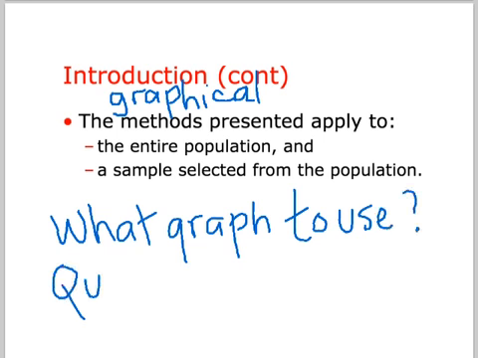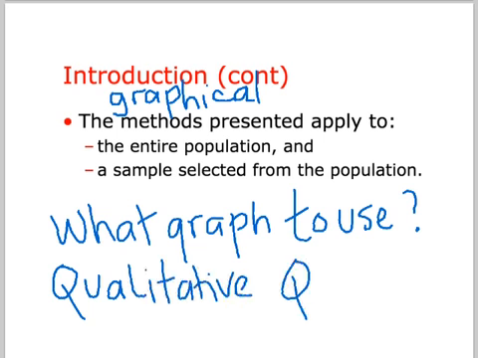It depends on whether you have qualitative data or quantitative data. So yes, you will be looking at certain techniques that will be more suitable for qualitative data. You'll be looking at certain graphical techniques that would be more suitable for quantitative data.